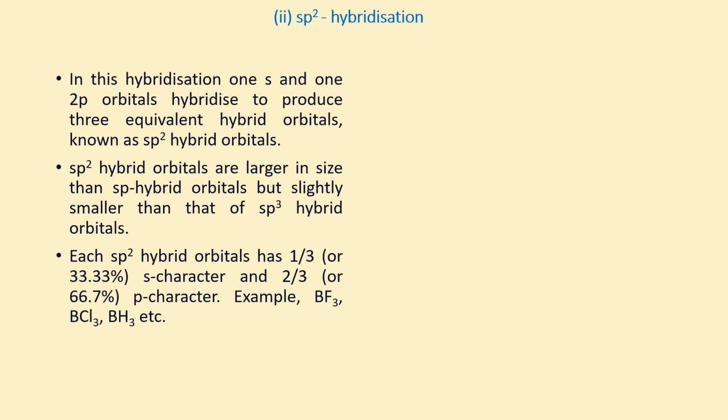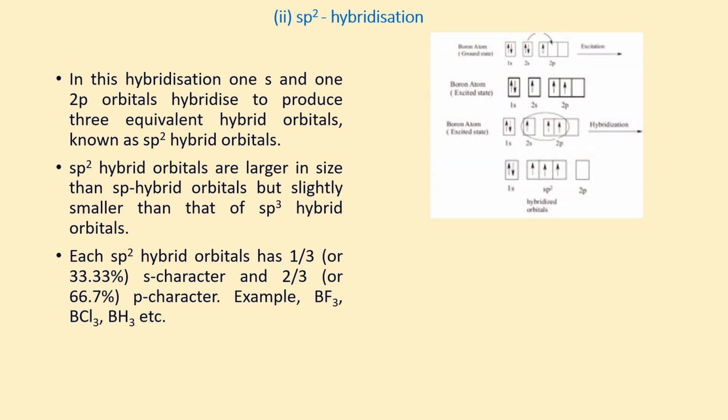Examples of sp2 hybridization are BF3, BCl3, BH3, etc. Let us consider the example of BCl3. The figure shows the ground state electronic configuration of the central boron atom, which is 1s2, 2s2 and 2p1.